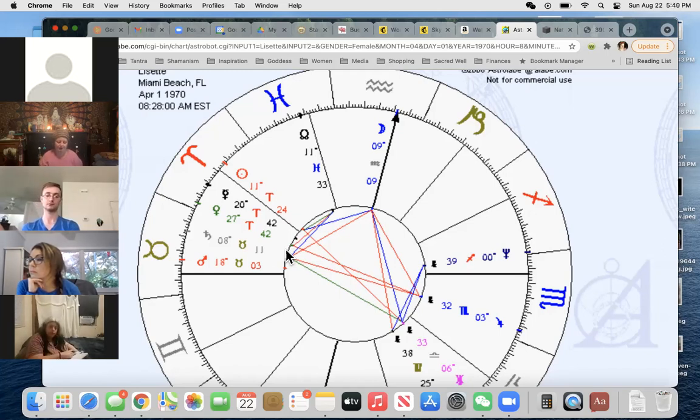And then your card in your 12th house here is the 3 of Pentacles, which says that in this lifetime, you'll have a lot of different ways in which, unexpectedly, you make money, or you achieve a goal or an accomplishment that you didn't even know you were going to have.